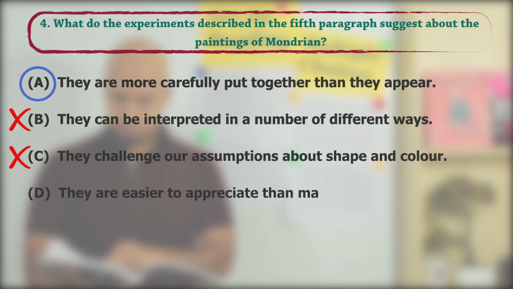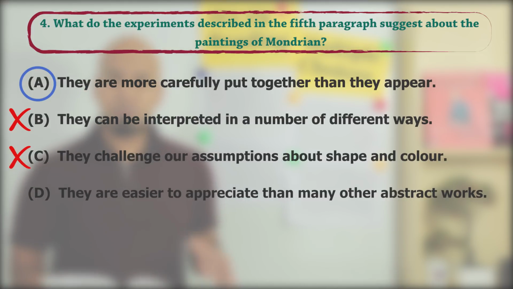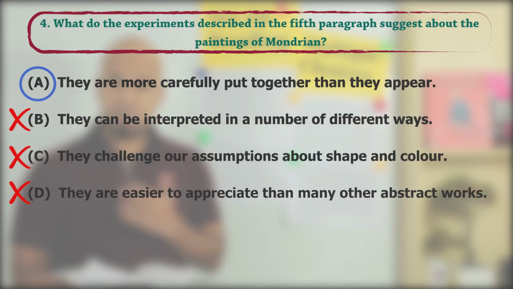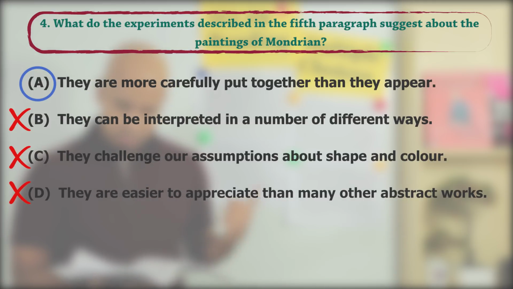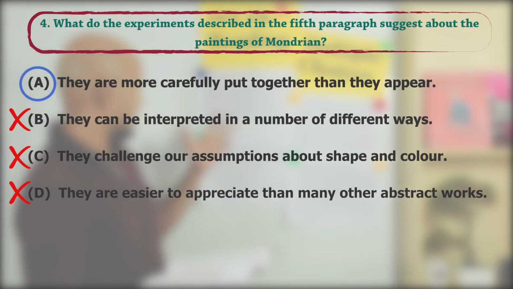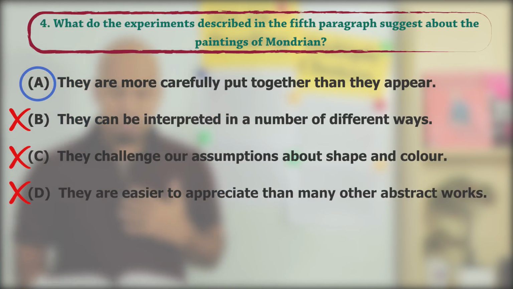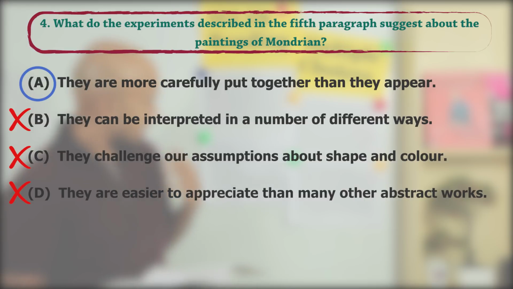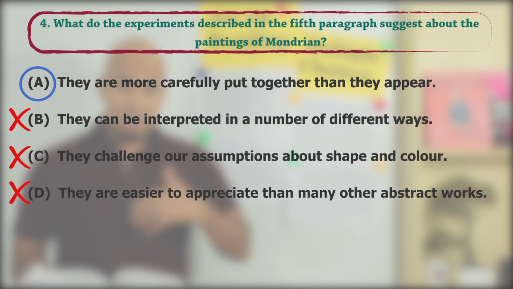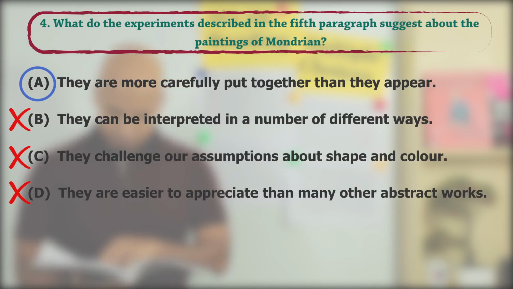Number D, they are easier to appreciate than many other abstract works. So number D cannot be an option because there is no comparison. Number C, they challenge our assumption. As I said, I didn't find any challenge that the art pieces could pose to us.